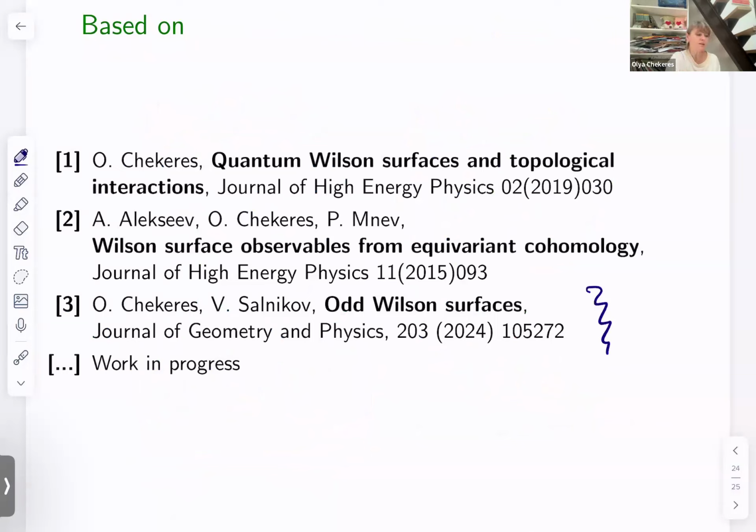So there were papers, quantum Wilson surfaces, topological interactions, Wilson surface observables from equivariant cohomology, and then the recent paper, which is called odd Wilson surfaces, where actually we said that an odd algebra gives rise to an odd Wilson surface.